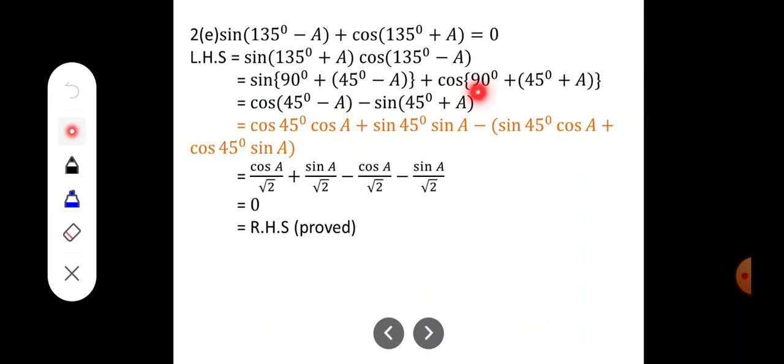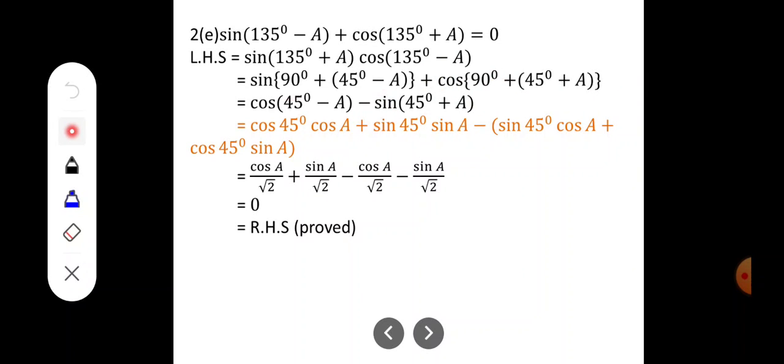Also here cos 90 degree plus 45 degree plus A, 1 times 90 degree, so cos will be sin, and here second quadrant only sin and cosec positive and all others are negative, so cos negative, second quadrant cos negative, so plus will be minus.